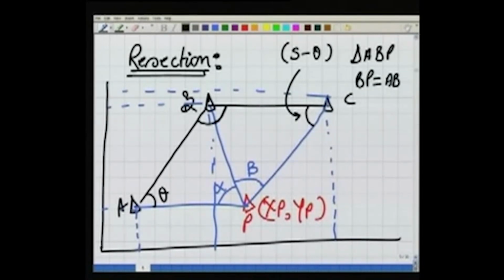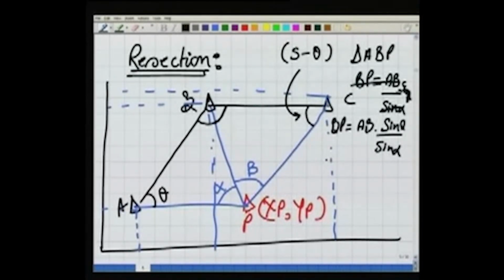So AB by sine of alpha, the alpha is being measured, is equal to BP by sine of theta. So if I write it again, BP is AB sine of theta by sine of alpha.